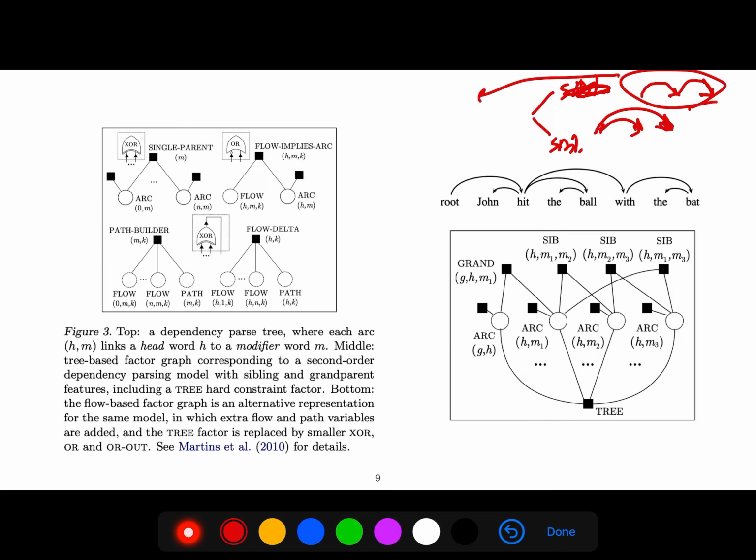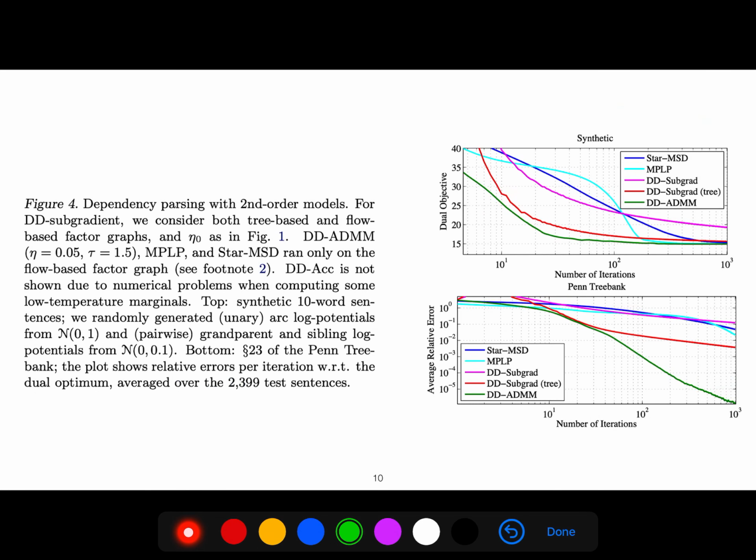For example, this constraint is the sibling one we want to achieve. This constraint has two arcs, which means that two arcs must be satisfied in order to satisfy this constraint. And as you see, with dual decomposition ADMM, in terms of the number of iterations, the dual objective is minimized much more rapidly.